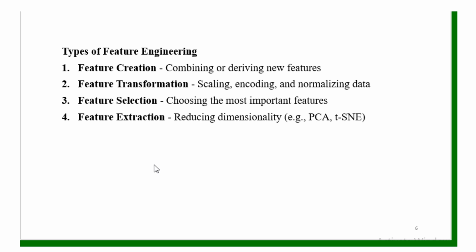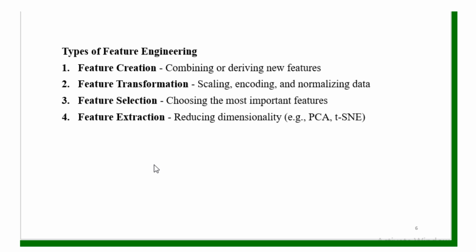Then feature selection, choosing the important features, like which features we want to work on. Feature extraction: we have multiple models, but we are discussing reducing dimensionality, as already mentioned, that is PCA and t-SNE.